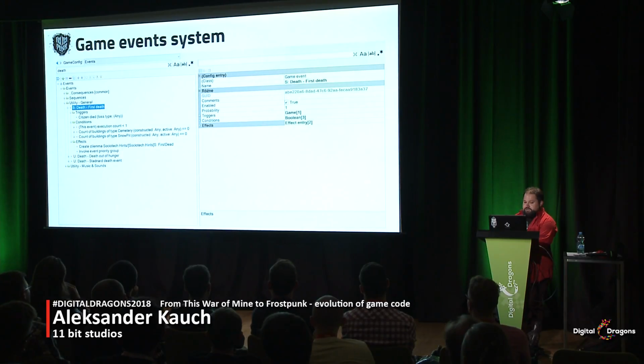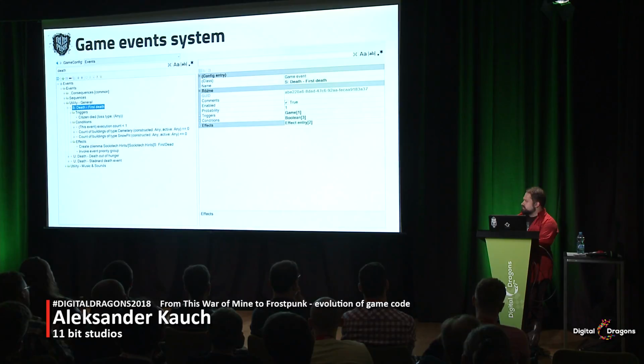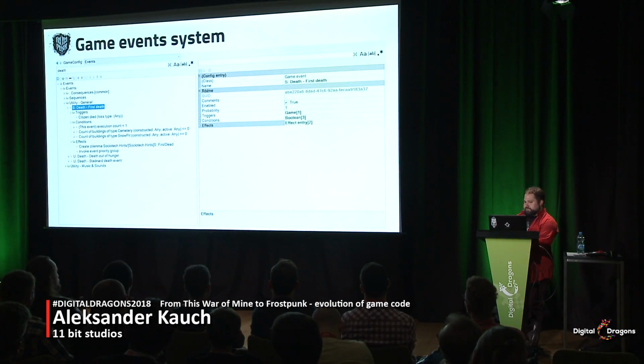Then we've got conditions that represent that this event could happen only once, so execution count is less than 1. And we check that we don't have the two other conditions. And as an effect, we create a dilemma, a hard decision, that informs the player of the first death and what to do with the body.